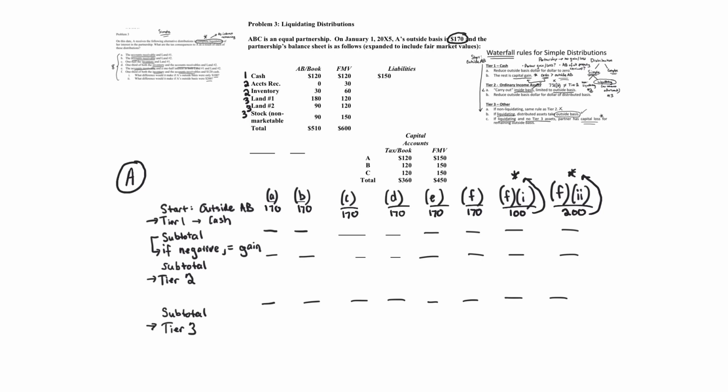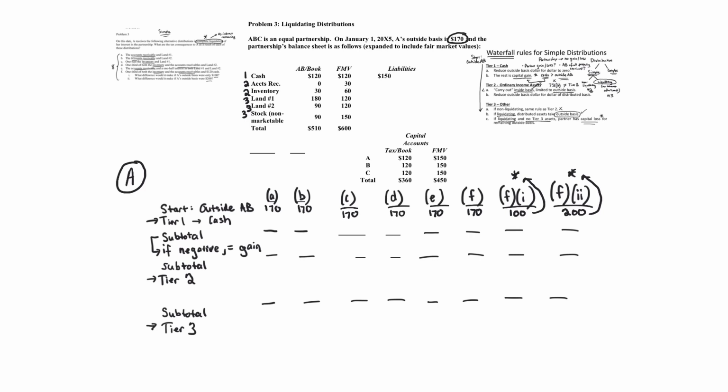And I'll go back to the facts just to remind us right before we go into this. So if you want to stop and take note of the elements, because I know it might be a little bit hard to read, but we'll go back and I'll show you. But that's going to be our starting basis. Now, notice I tell you in the problem that A's outside basis is 170. Again, I tell you 100 and 200 in F1 and F2. But you could also figure that out in this problem. How?